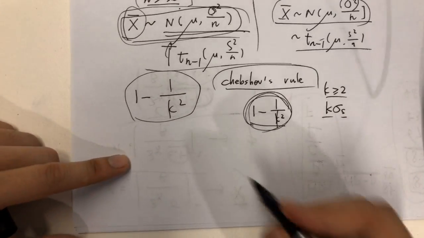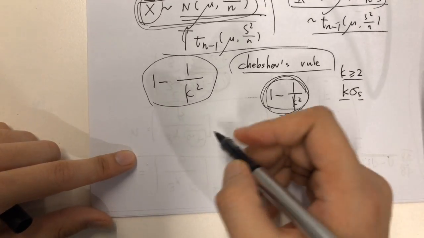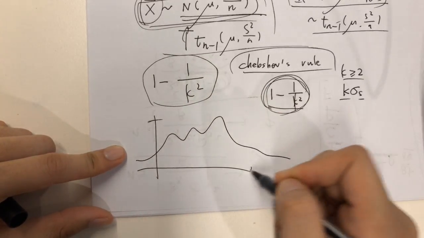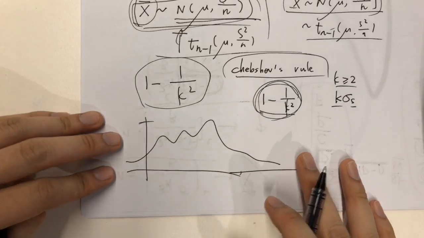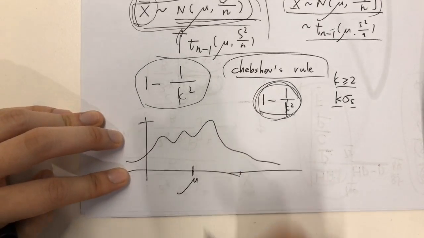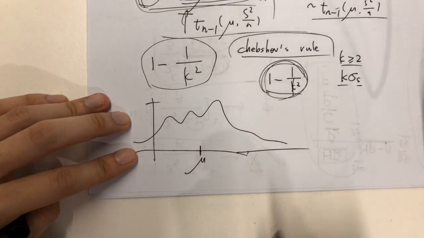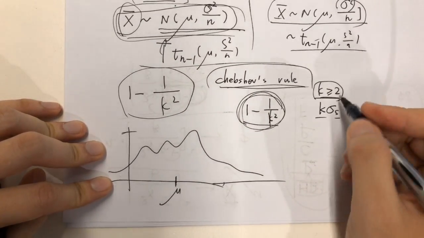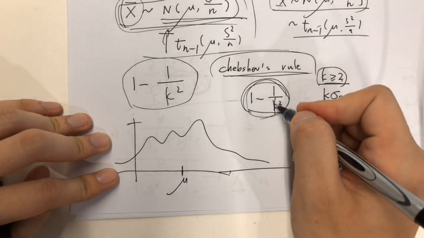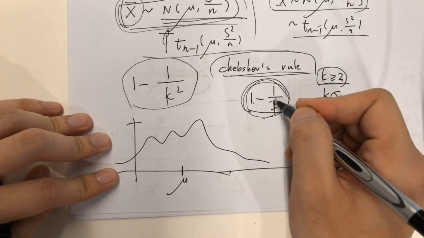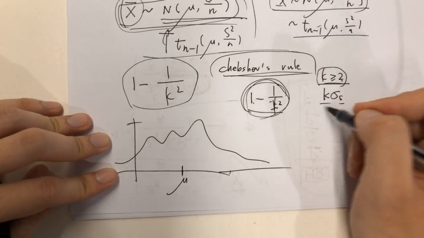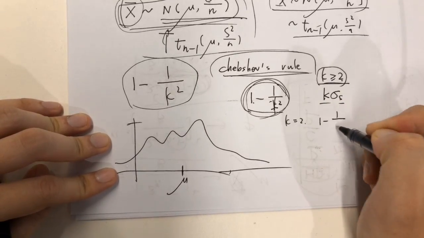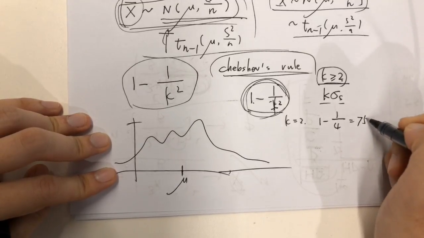Anyway, if we look at any distribution, for example, this is any distribution, and this is the mean of the distribution. From Chebyshev's rule, if we input 2 over here, we get 1 minus 1 over 4, which is 75%.